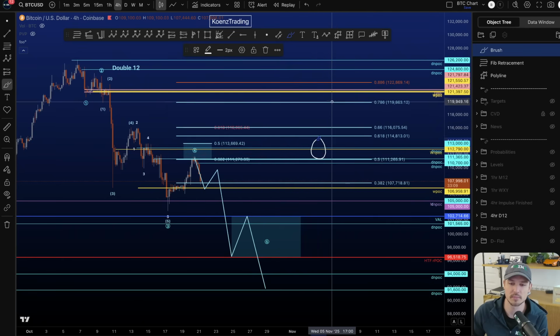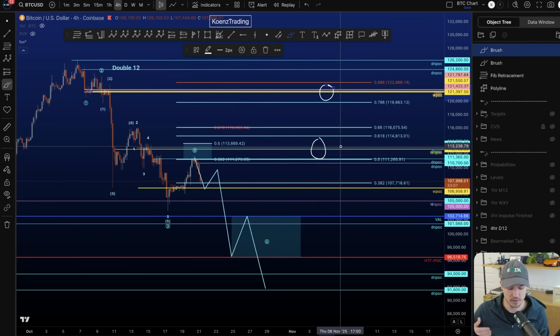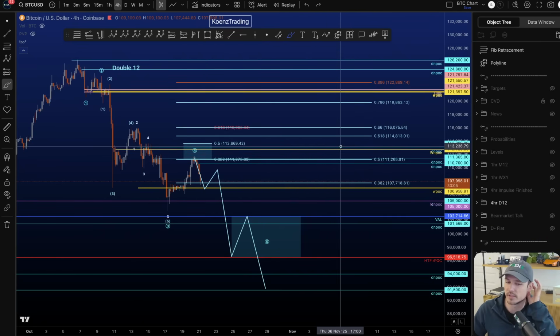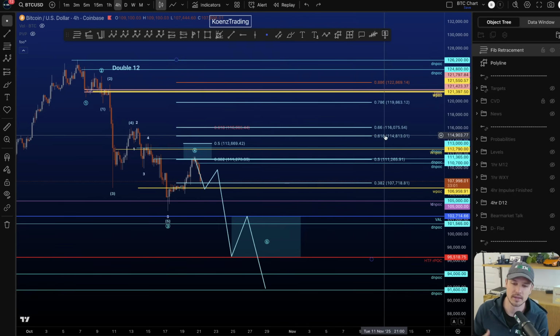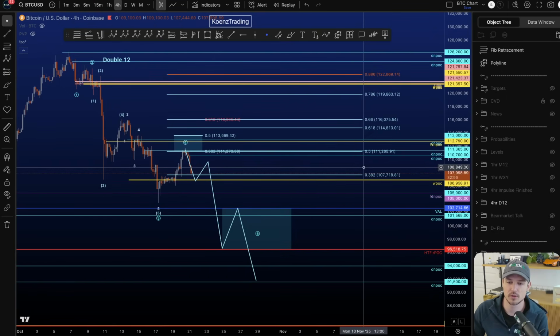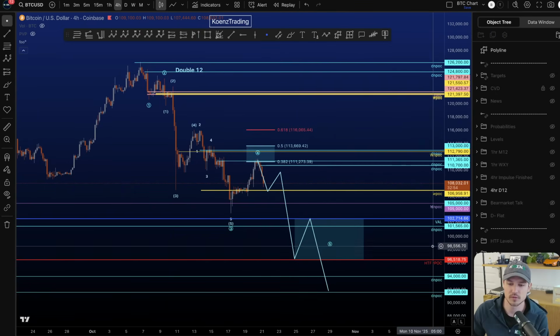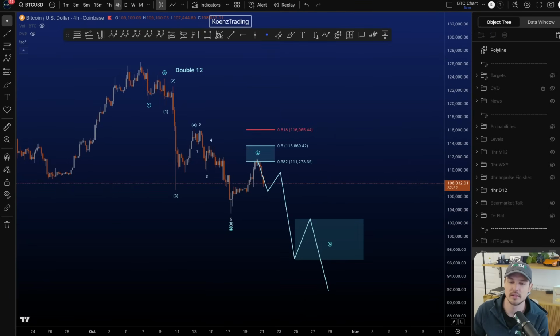Even though people might then be looking for higher prices, you might never get them, at least, of course, in a more toppy situation where you then look for a top to be in and continuation to the downside. So we've got to be aware of how deep a 5 goes in this particular scenario and the influence it has on the context of what happens after, right?